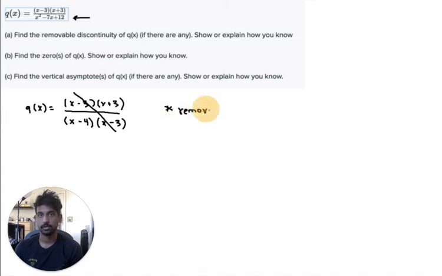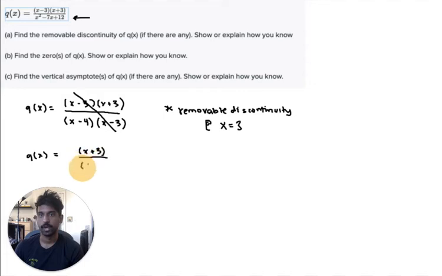Removable discontinuity at x equals 3. And we just want to keep that in mind as we're going through this. And so now we have q of x equals x plus 3 over x minus 4.